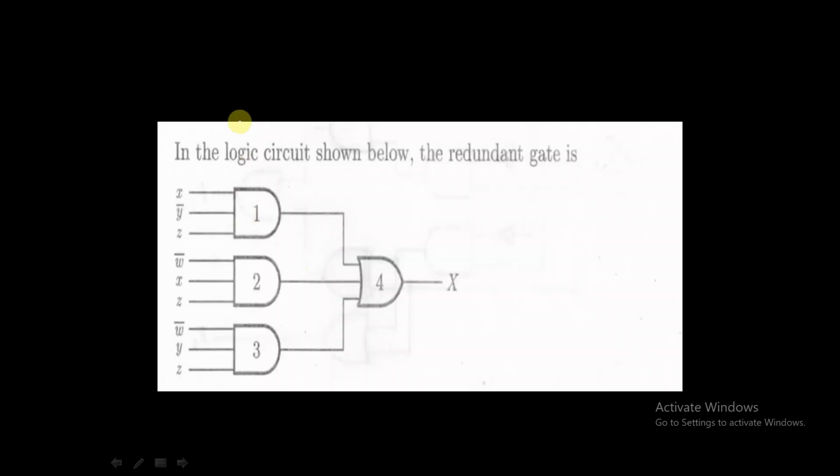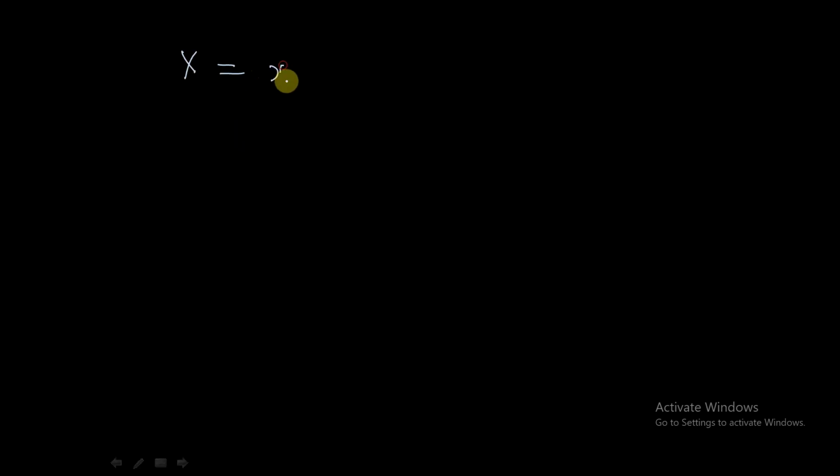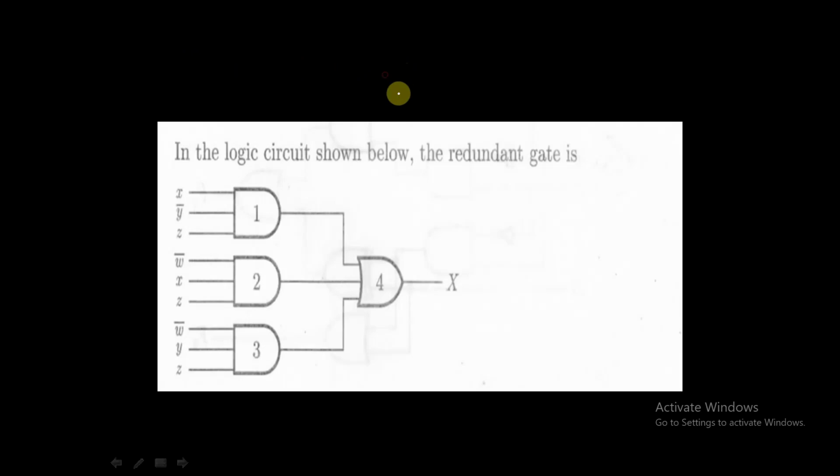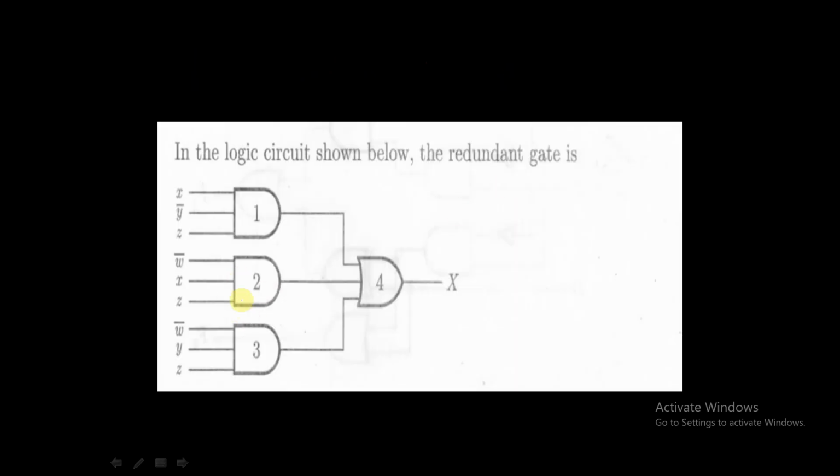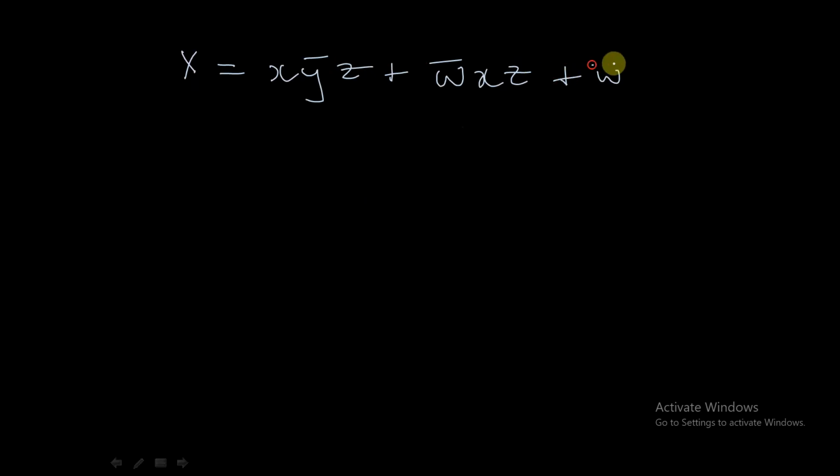Okay, so let me do it. The expression for the output x is x y bar z plus w bar x z plus w bar y z.